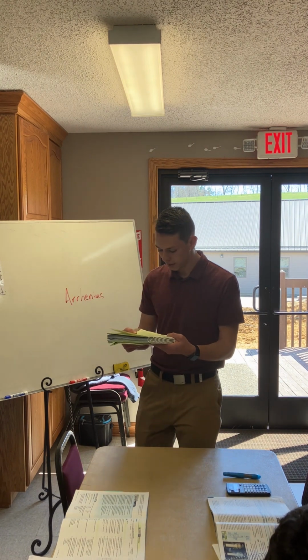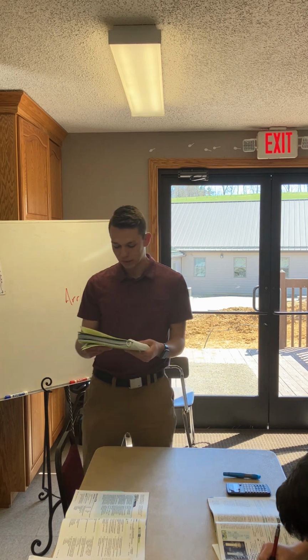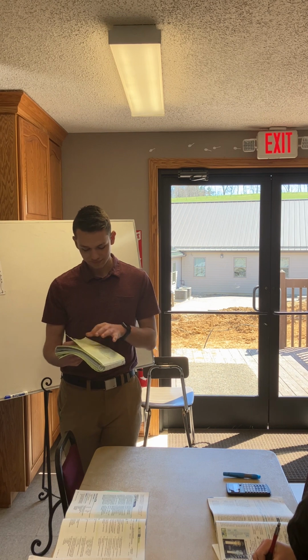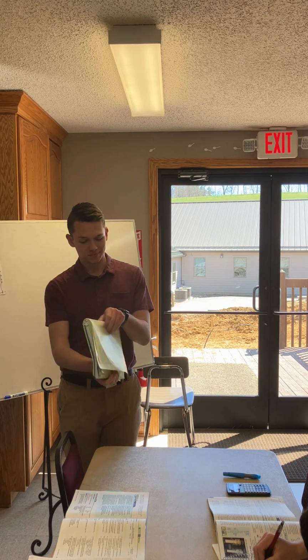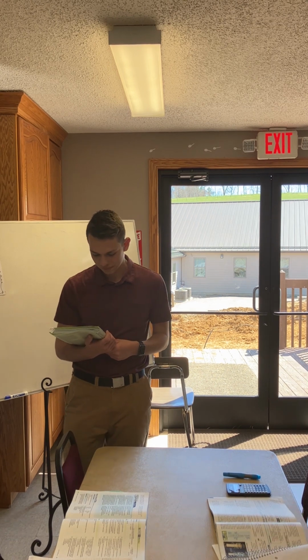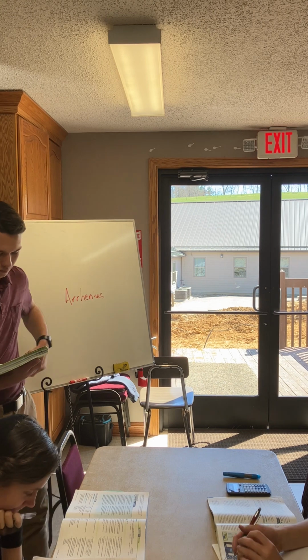Number 10. How does the normality of an acid solution relate to the equivalent mass of the acid? Normality is the concentration of a solution expressed as number of equivalents per liter of solution.